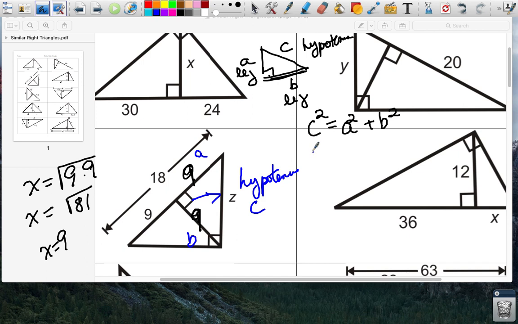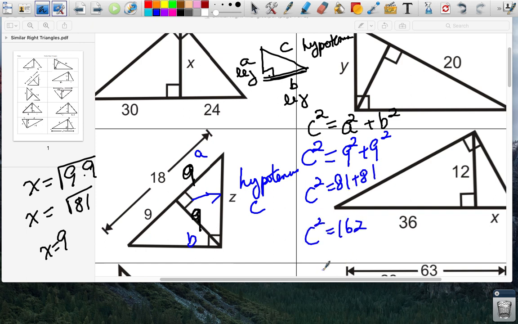So here we go. C squared, C is the hypotenuse, which I don't know. I know what A and B are, they're both 9, so I'm going to write it as 9 squared plus 9 squared. C squared is 81 plus 81. C squared is 162. And then we're going to take the square root of both sides.